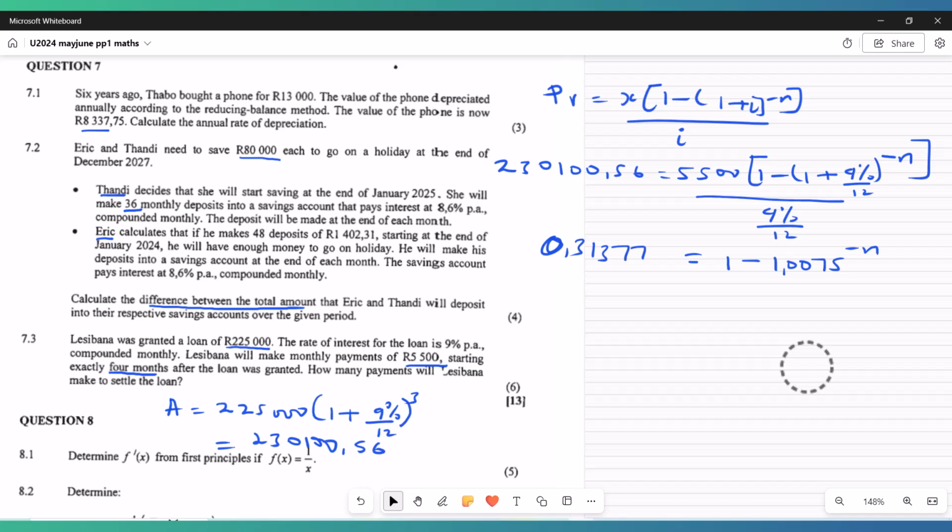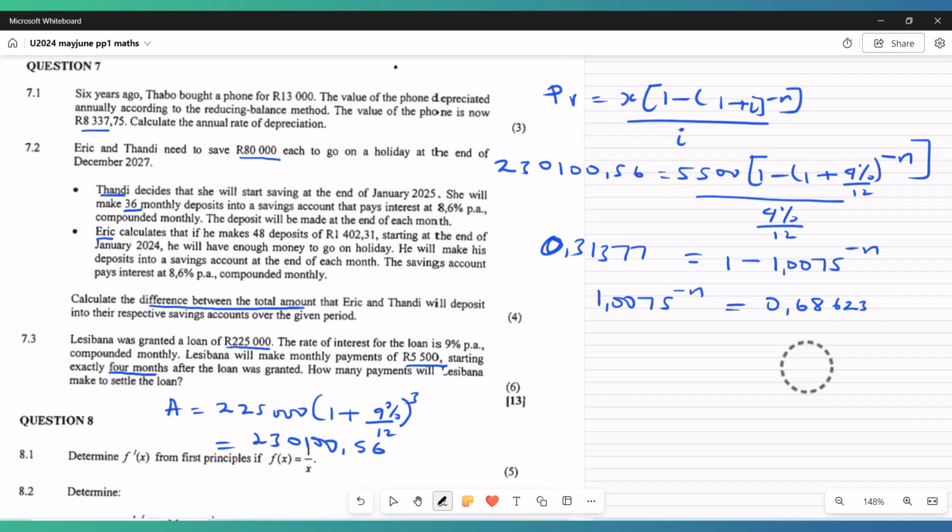So 1 minus 0,31377 gives me 0,68623. So this one, now positive, is going to be 1,0075 to the power negative n equals 0,68623 after subtracting from 1.